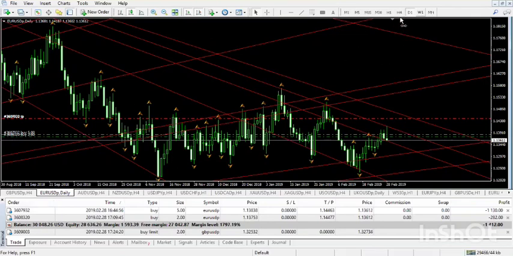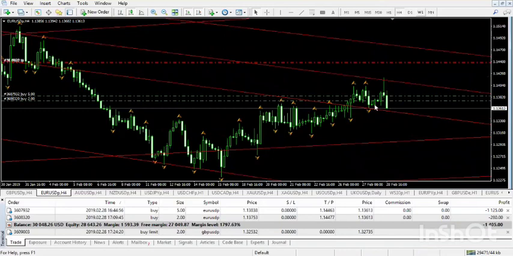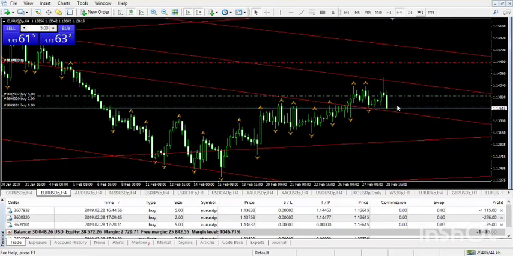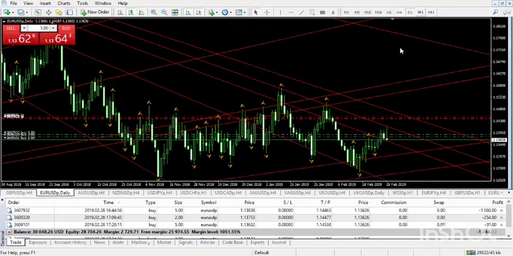So the order that I open based on this, for example, if the price is at the lower wall and I open a buy order, that is a long-term trade, not a short-term one. So I don't expect to gain profits right away. I know that I'm going to have to close the deal when it hits the upper wall.